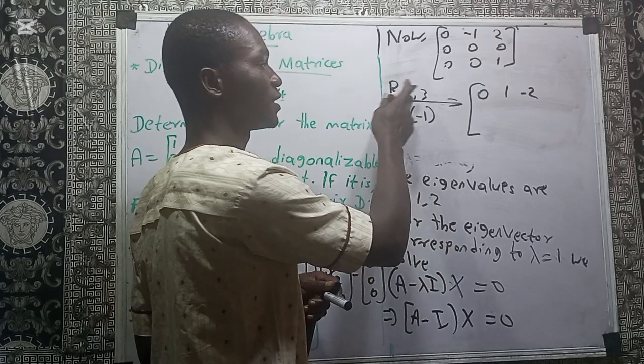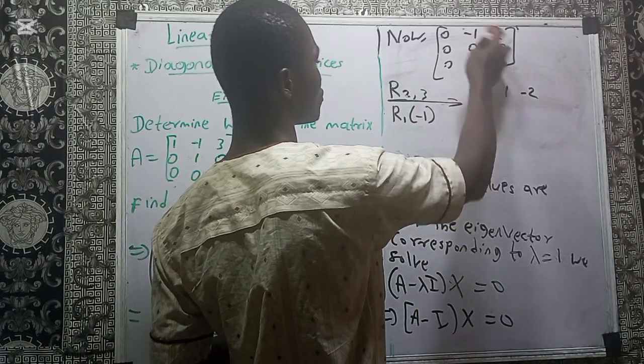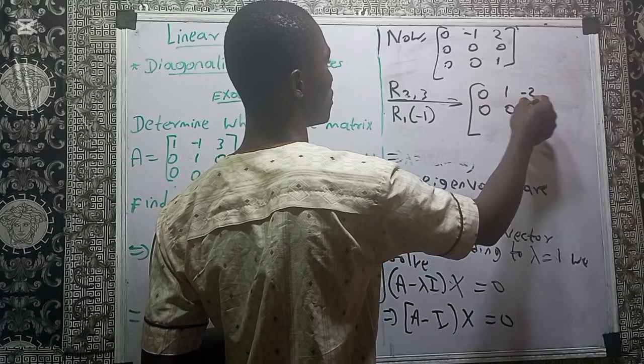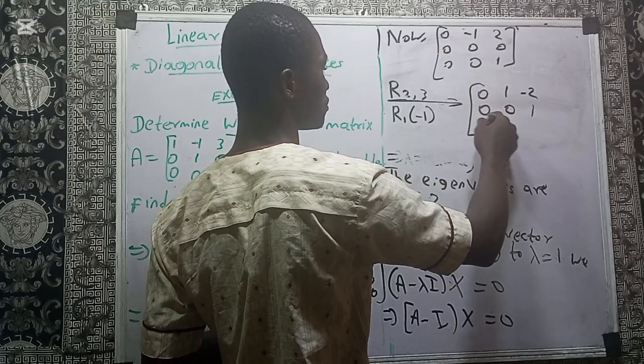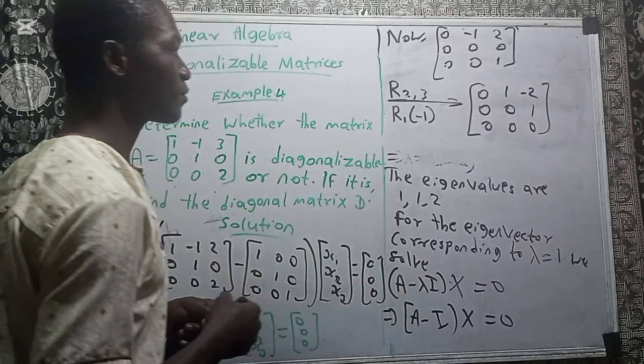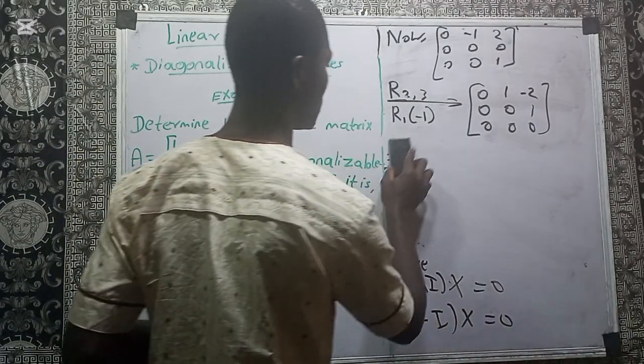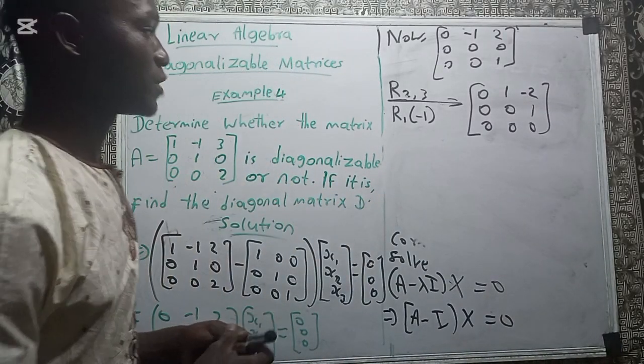Then this operation says interchange row 2 and row 3. So row 3 will come to row 2, and row 2 will come to row 3. So I've interchanged it, right? And we are done with the operation of this matrix.